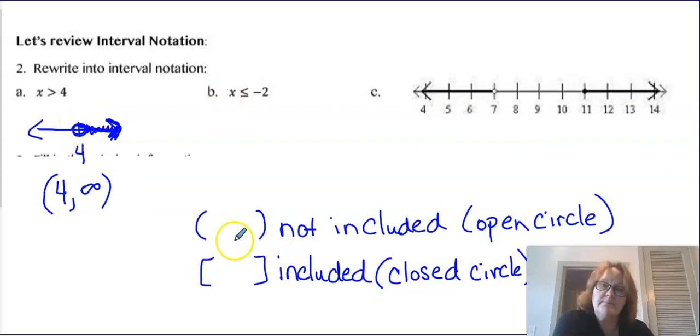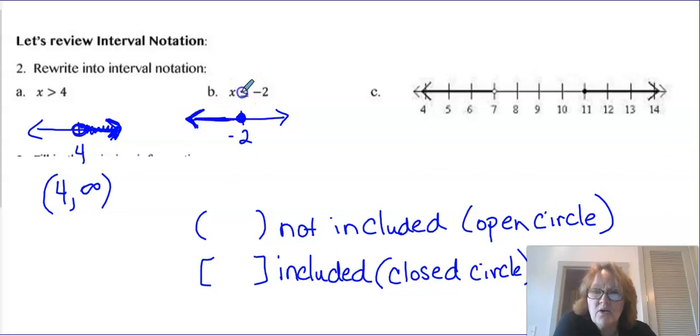All right, let's talk about B. On B, we do have the equals to symbol. So this is less than or equal to. And if we drew a little number line again, we're not going to draw a number line for everything, but just to show you, if this is our -2, we would have a closed circle on this one. And then it would be everything to the left. It's going to match the arrow. If this is an arrow, the part that you color in matches that arrow.